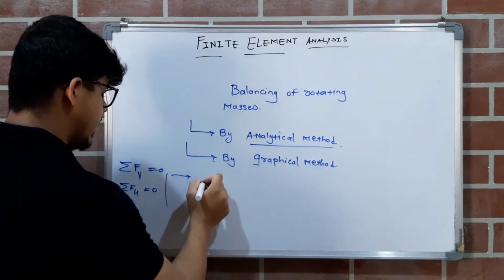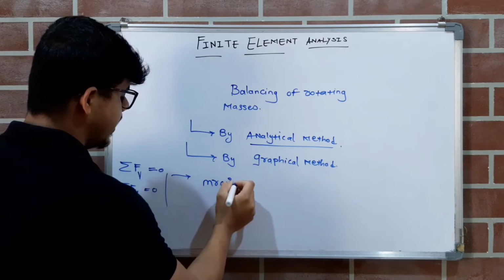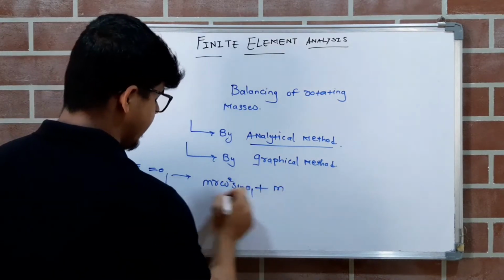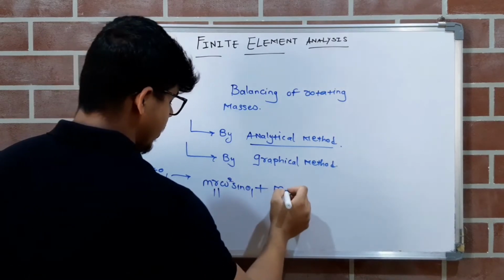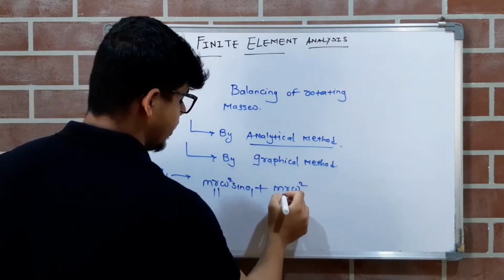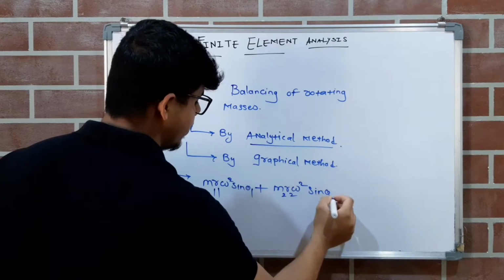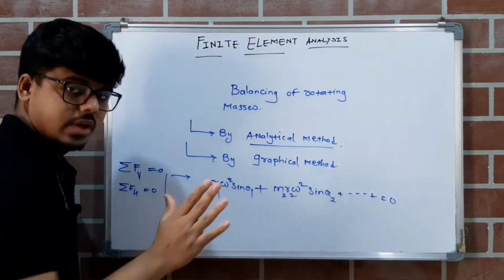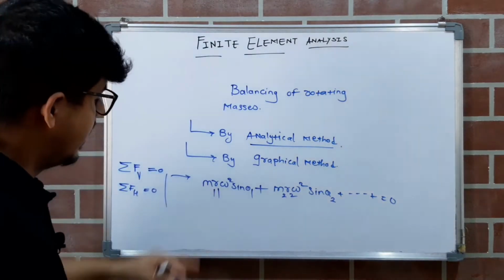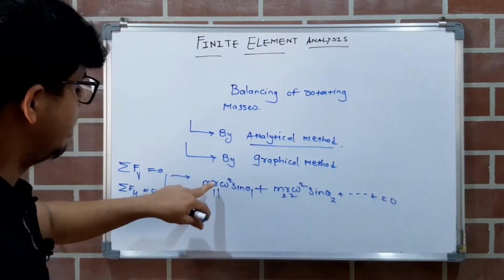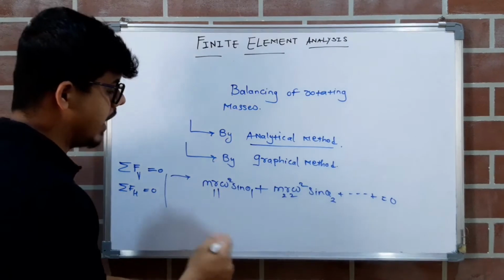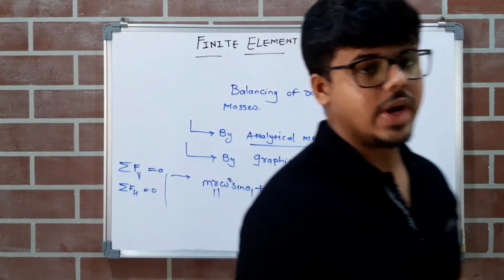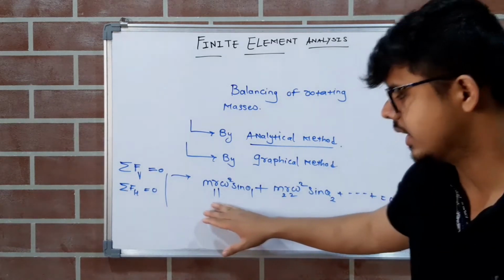Here we have m r omega square sine theta 1 plus m r 1 omega square sine theta 2, and so on. I hope you are recalling these terms. We were just putting the values of m, r, omega in this equation and finding the values of theta 1 and theta 2. Whatever we want to find, we can find by putting the values in this equation.